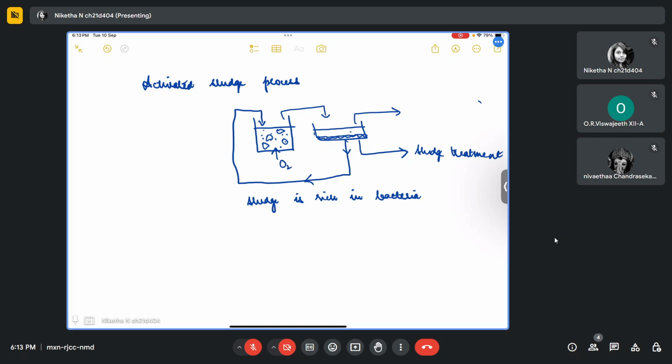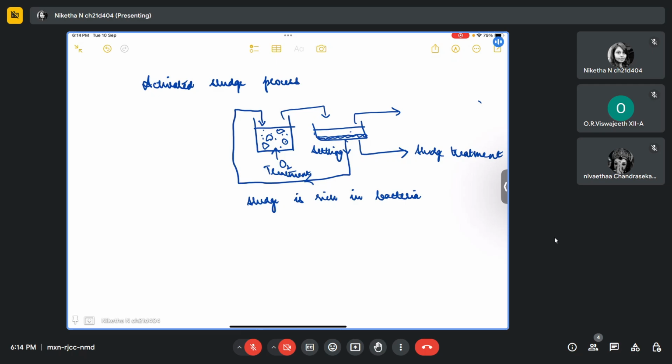What I said was, this is the treatment tank, okay? And here we do the settling. So, what happens in a settling tank? Whatever treated wastewater comes, we allow it to settle for some time, so that whatever solids and sludge are there will get sedimented and settled at the bottom. So, this is sludge.